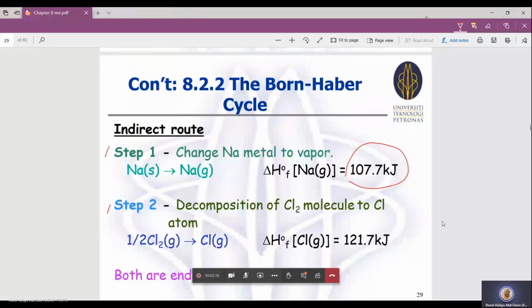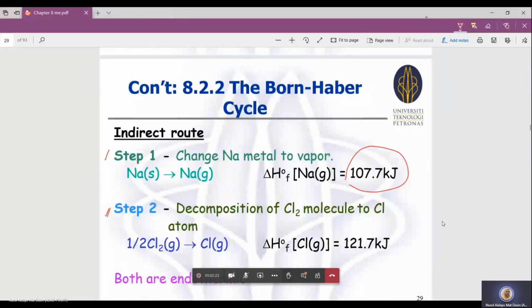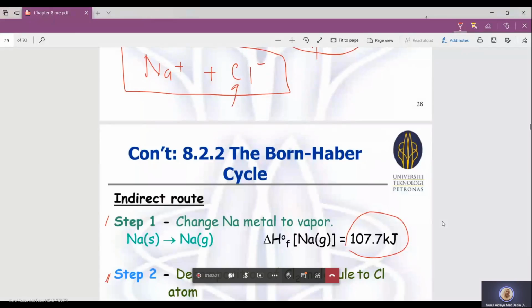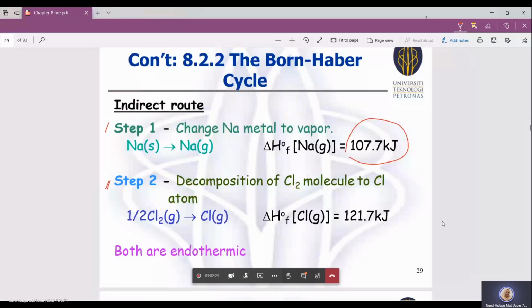The second step: after that we got Na gas. Then we look at the Cl. In order to get this Cl-, we change Cl2 molecule to Cl atom. So, dissociation of half Cl2 to half Cl.